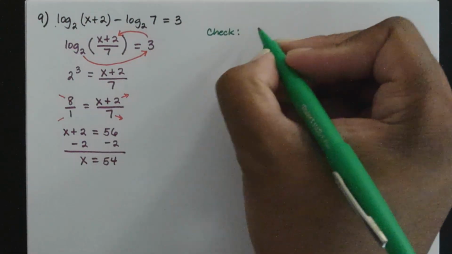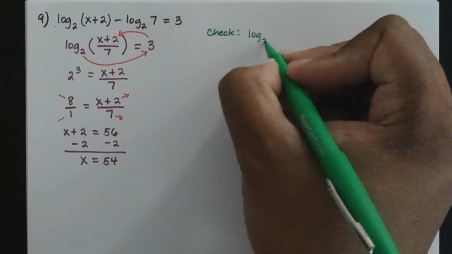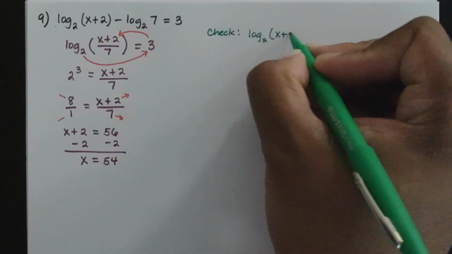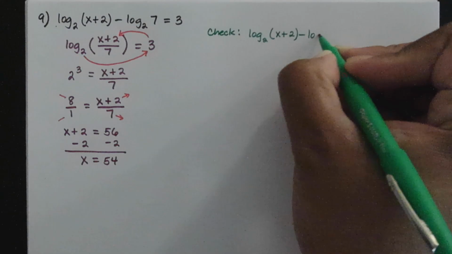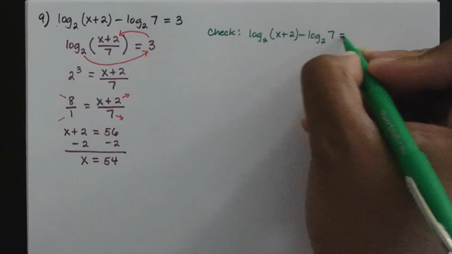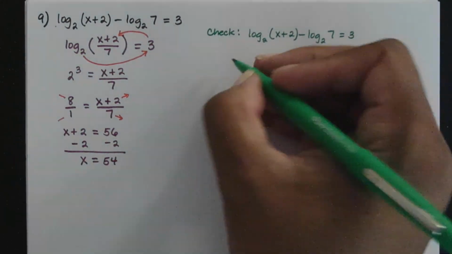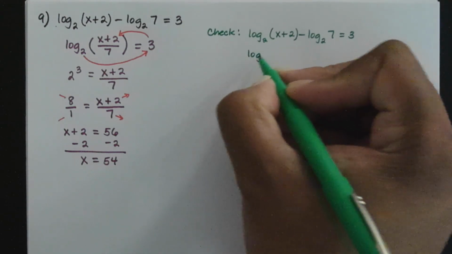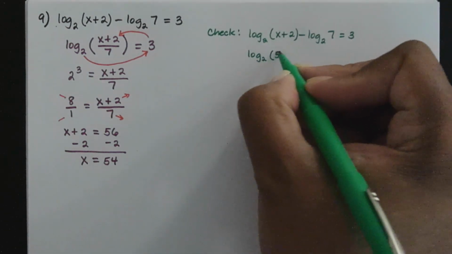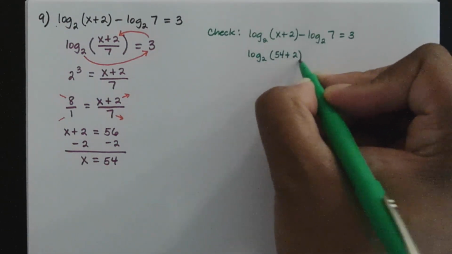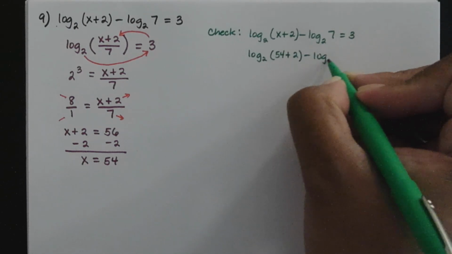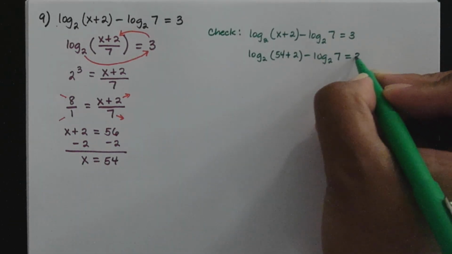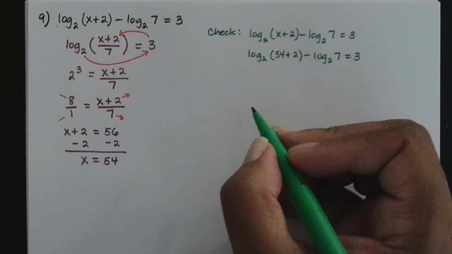Okay, so here we take the original equation, replace that x with that proposed solution of 54, so I have log to the base 2 of 54 plus 2 minus log to the base 2 of 7 equals 3.